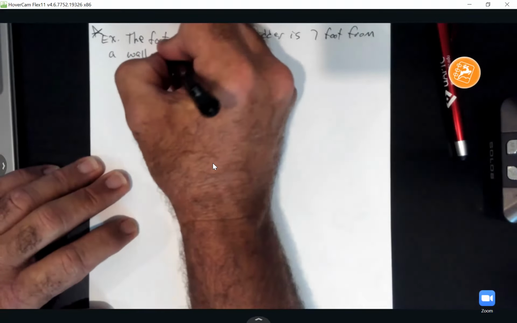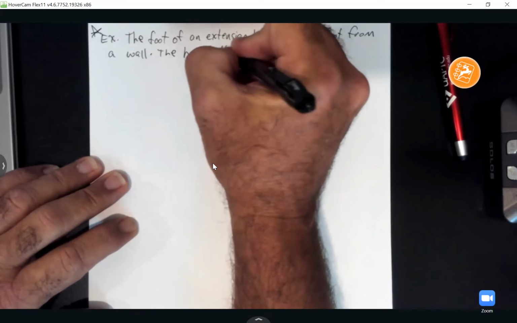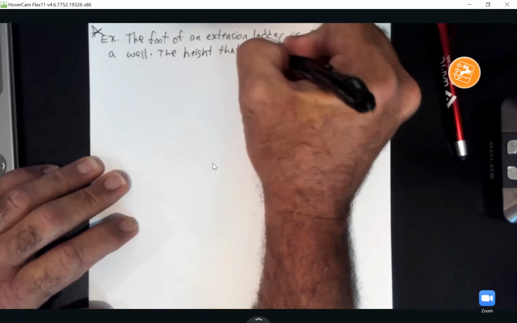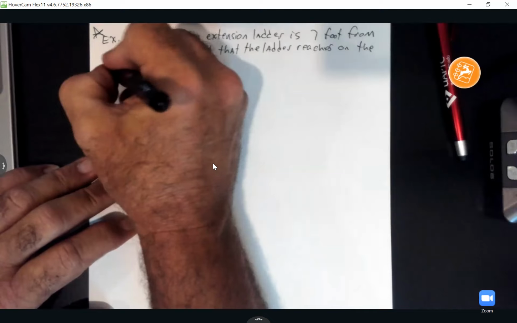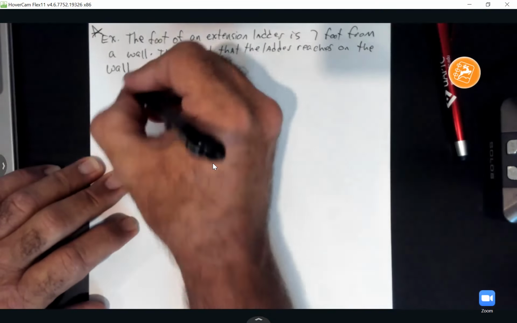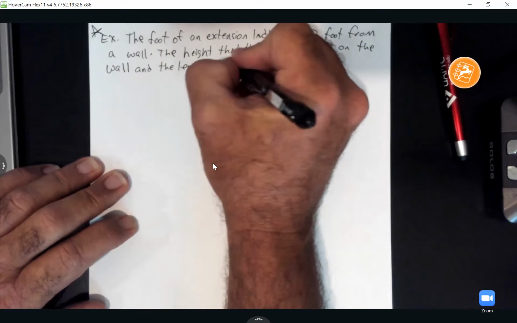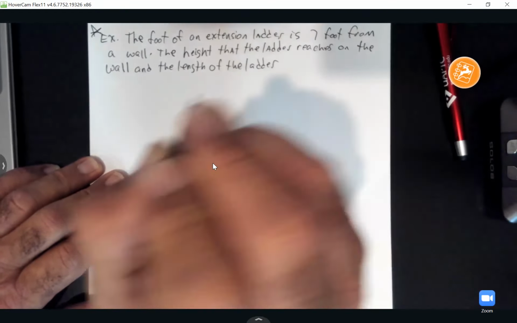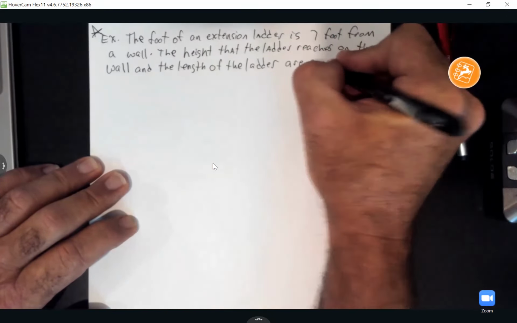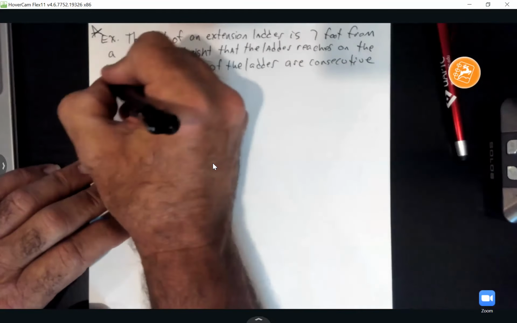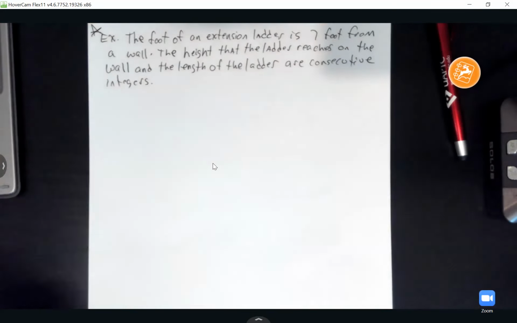Then it says the height that the ladder reaches on the wall and the length of the ladder are consecutive integers.